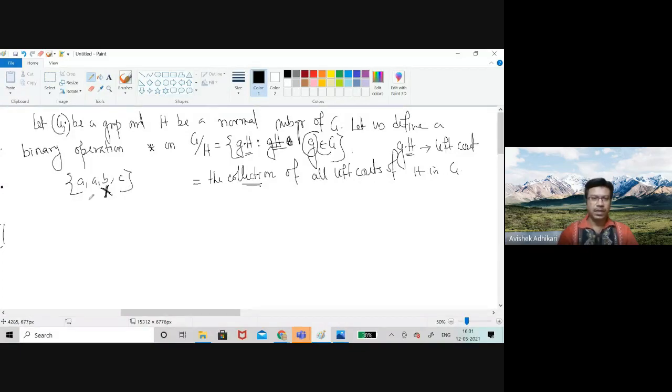Okay. Now let us define a binary composition on G. So then this binary composition star is a mapping from where to where? Somebody tell me. So I want to define a binary composition on G. So a binary composition should be a mapping from where to where? Anybody?